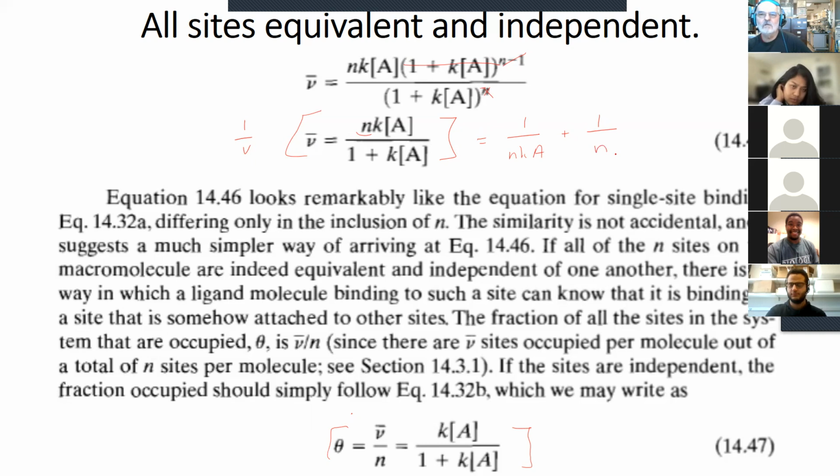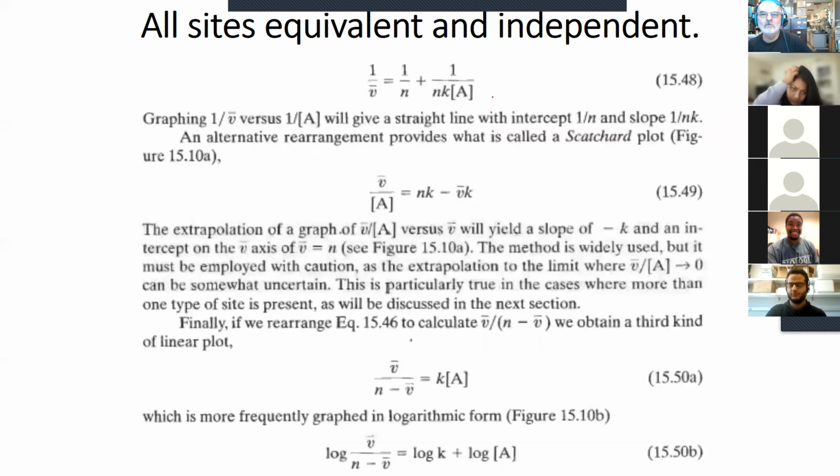Yeah, it becomes 1 over n. Then you rewrite that here. You basically do what we would call in enzymology a reciprocal plot, and you plot 1 over nu versus 1 over A, which equals 1 over n plus 1 over nka. So the intercept gives you n, and the slope gives you this 1 over nk. It's a way of approximating the information.